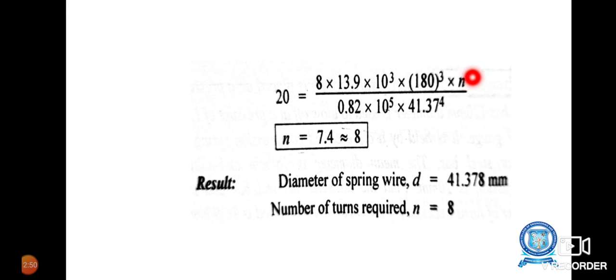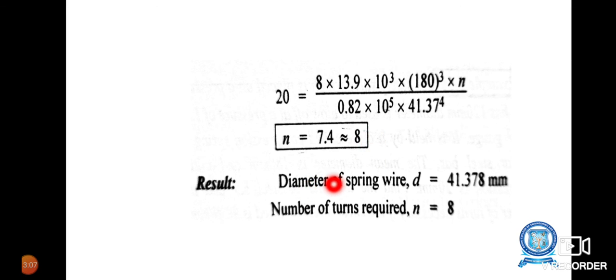We simplify these values and get the answer for n. So number of coils n is equal to 7.4. You can round the value to 8 coils. So we have calculated the number of coils n is equal to 8.